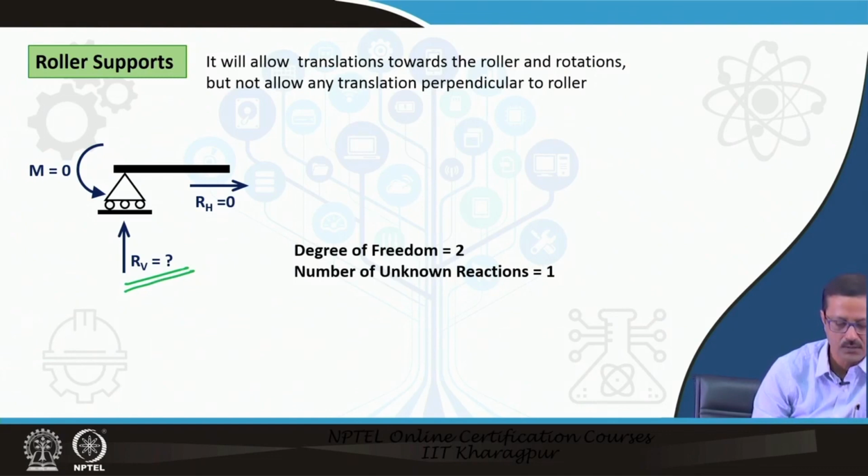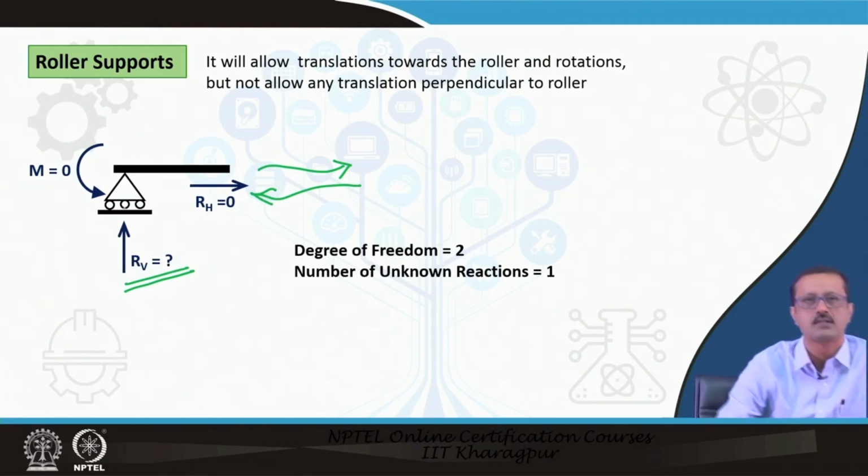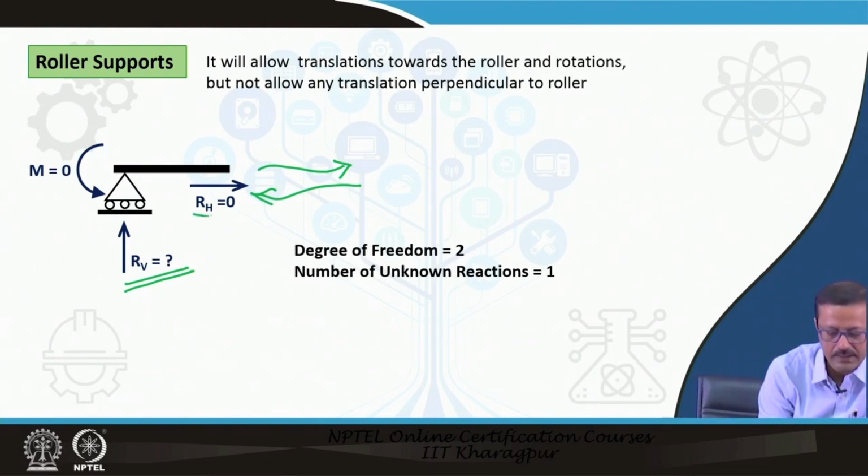RV is unknown to me. But this particular support can move in the horizontal direction because of the roller or the wheel, so it cannot take any kind of horizontal reaction. So, the horizontal reaction is always going to be 0.